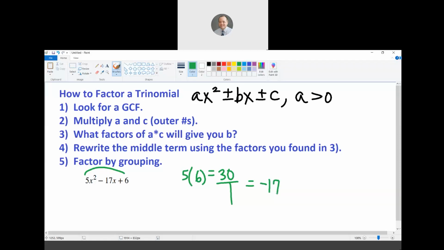Now, -5 and -6 will not work because that gives you -11 when you add them together. So let's take those off right away. 3 and 10, -3 and -10, close, but that doesn't give us -17.